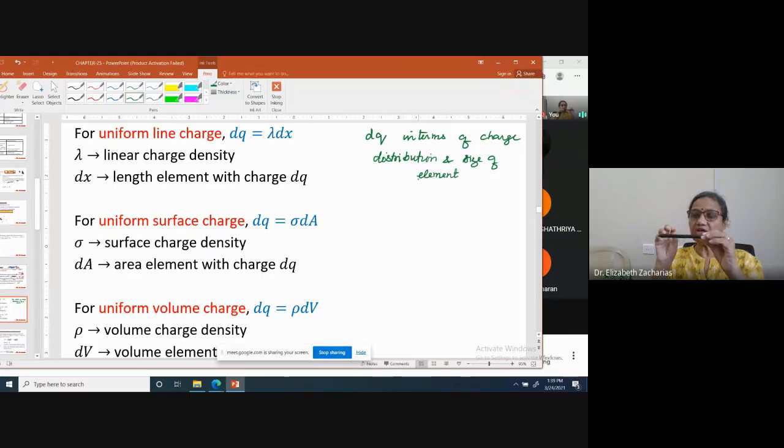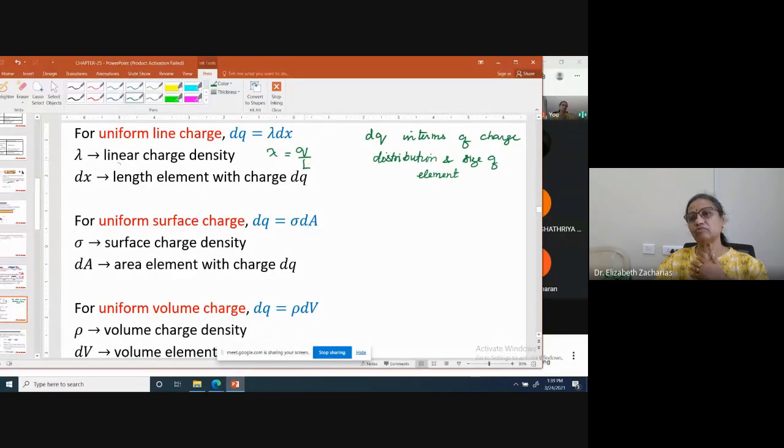I'm going to assume that if I have 10 Coulomb charge, all the 10 are uniformly distributed along this line object. Then I can talk about what is called linear charge density. Linear charge density is denoted by the symbol lambda, and lambda is equal to the total charge Q on the object divided by the length of the object.